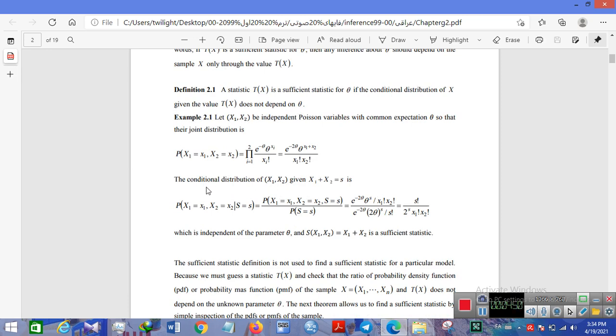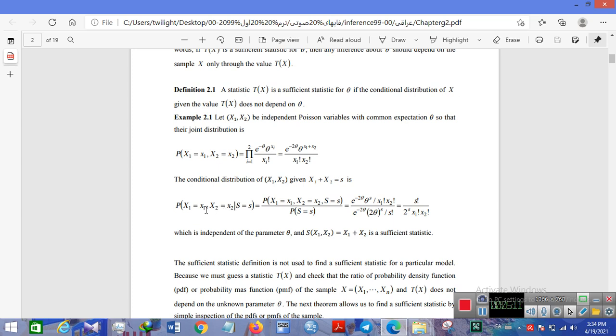We then calculate the conditional distribution of x1 and x2 given x1 plus x2 equals s, which is this probability.